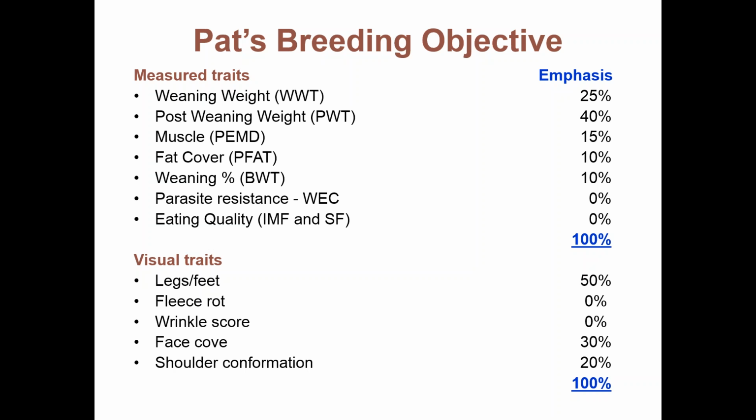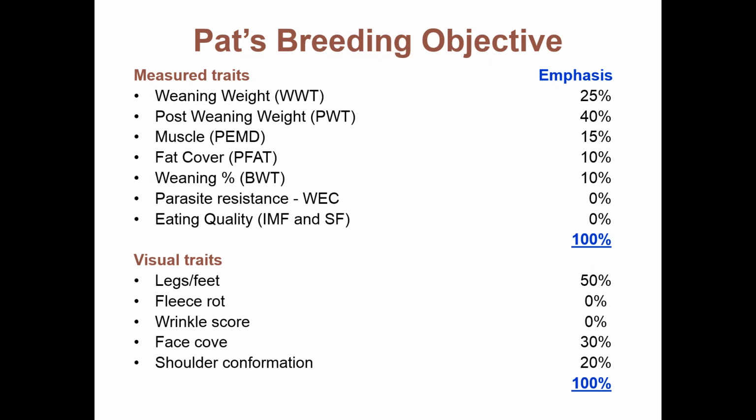So that might be very important, but if in the end when you go to your ram sale, all the rams are structurally correct, then you really don't have to apply any selection pressure on that. As important as it is, the ram breeder has done all that hard work for you, and you can put your emphasis when you're making your selections on other traits in your breeding objective.